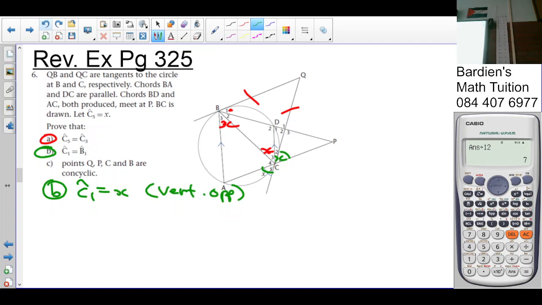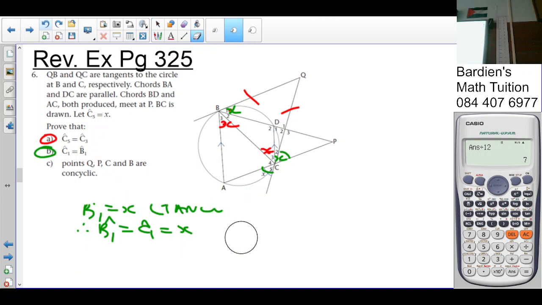So if we can prove that B1 is x, then the job is done. But hang on, B1 is x. Why? Tan chord theorem. So B1 is equal to x, tan chord theorem. Therefore, B1 is equal to angle C1, which is equal to x. There, that's also done.